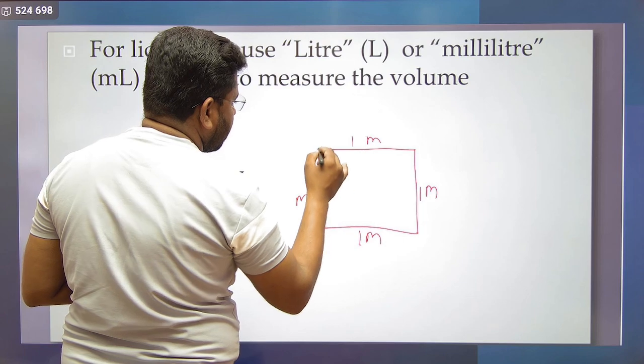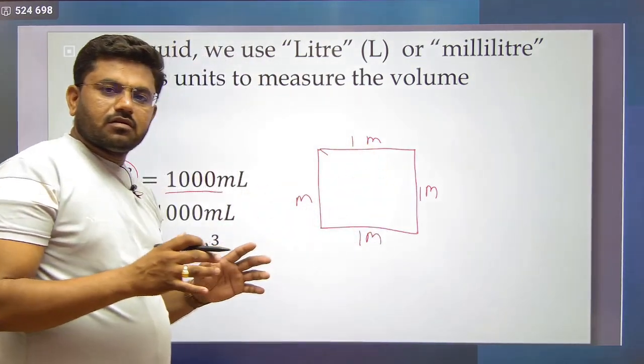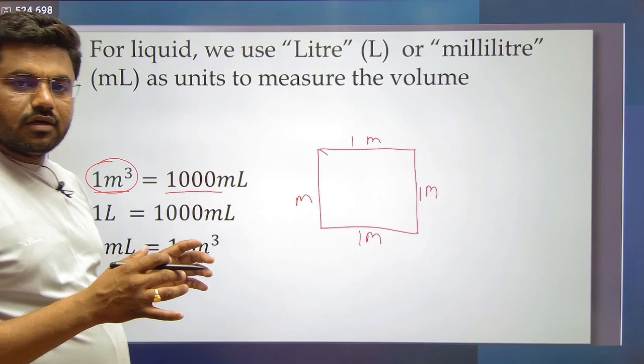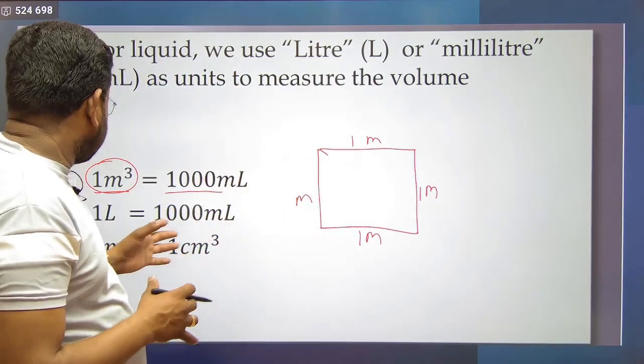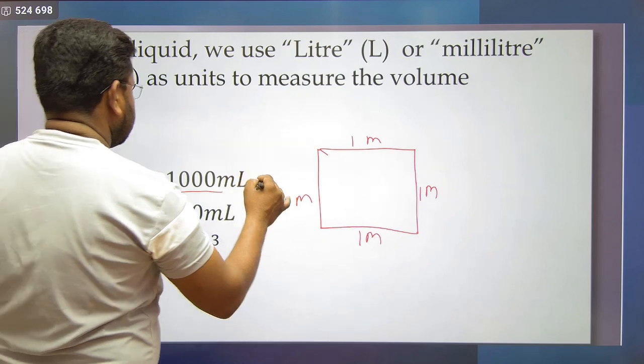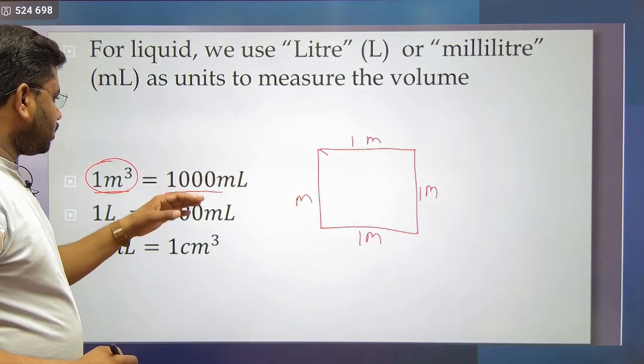In this way we take the height, width and length, and then we can calculate the volume of the given liquid.